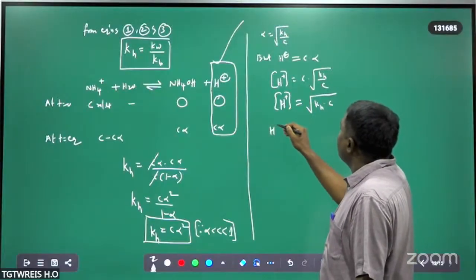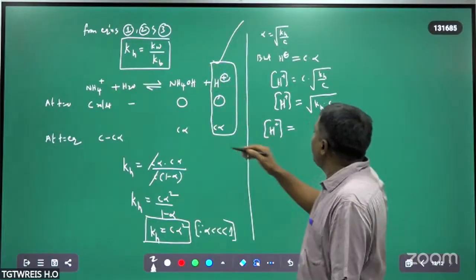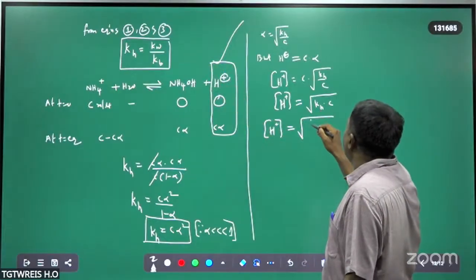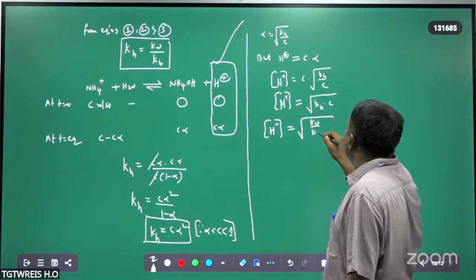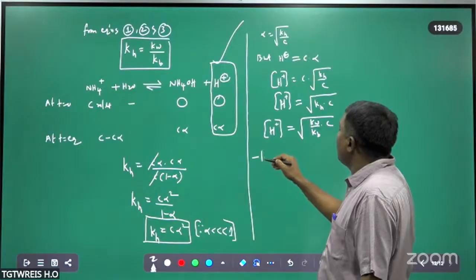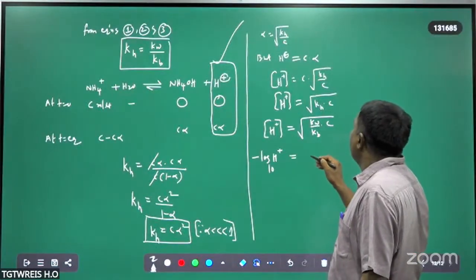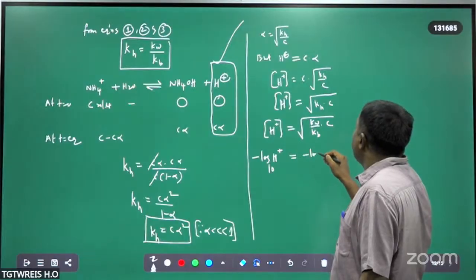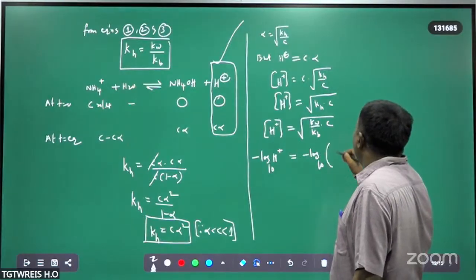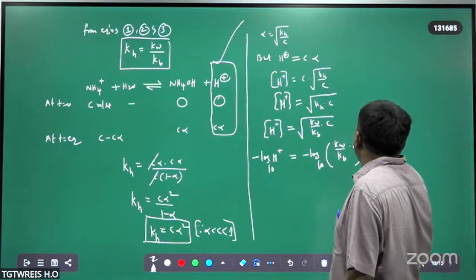H plus ion concentration: KH is what now? Kw by Kb. So square root of Kw by Kb into C. By applying negative log, minus log base 10 of H plus, you will get the pH. It is equal to minus log base 10 of Kw by Kb into C power 1 by 2.